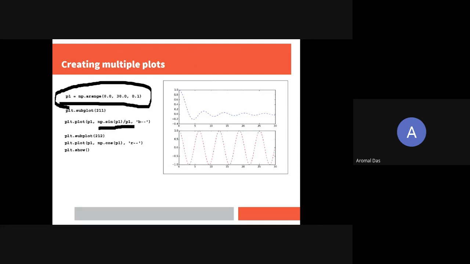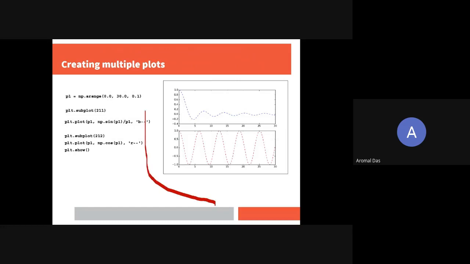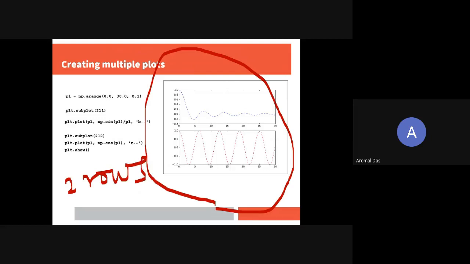So check it. Actually, we are dividing this whole window as two rows and one column. Okay. So we are using subplot for plotting each and every subgraph.